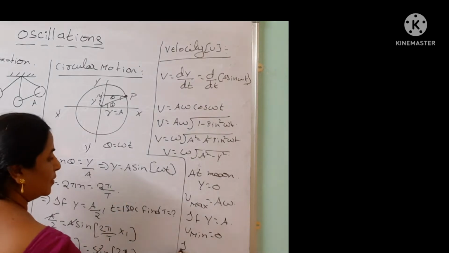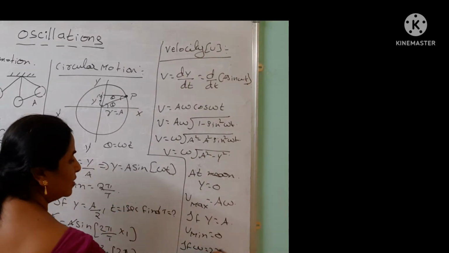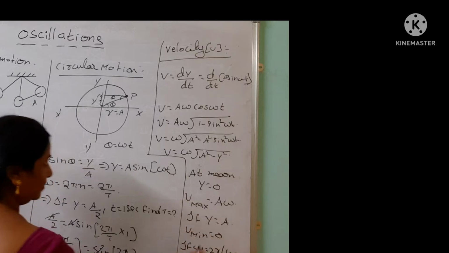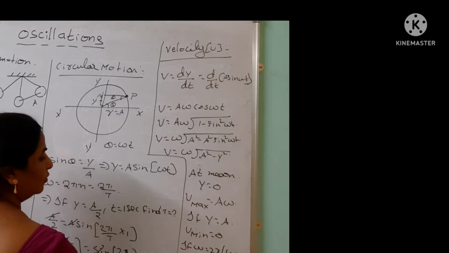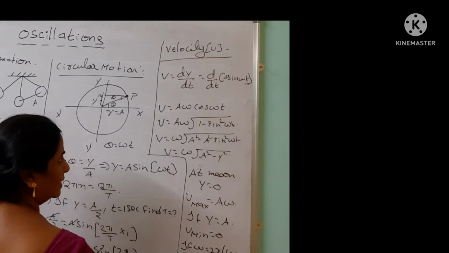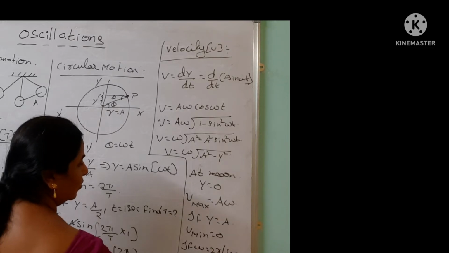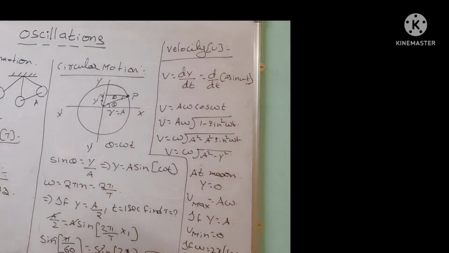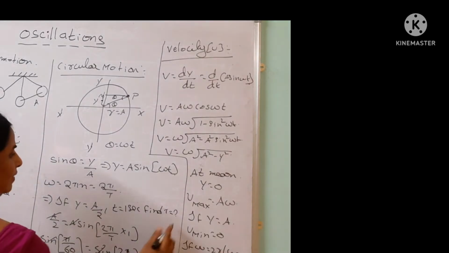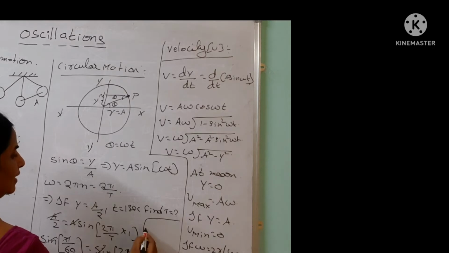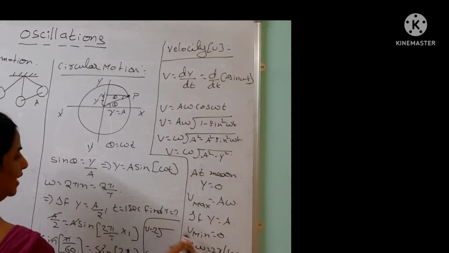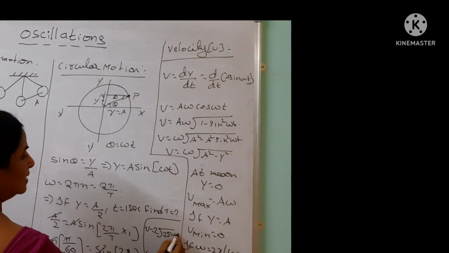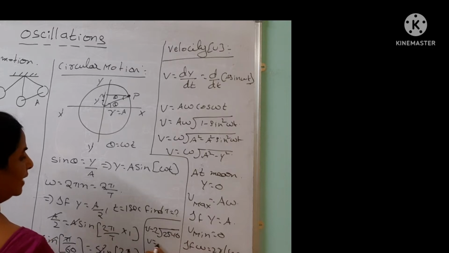Not only this one, suppose omega equals 2 radians per second, a equals 5, and y equals 4. Then how to find the velocity? Which formula are we using? See, V equals omega, which is 2, under root 25 minus 16, which is 9, under root 9 is 3.